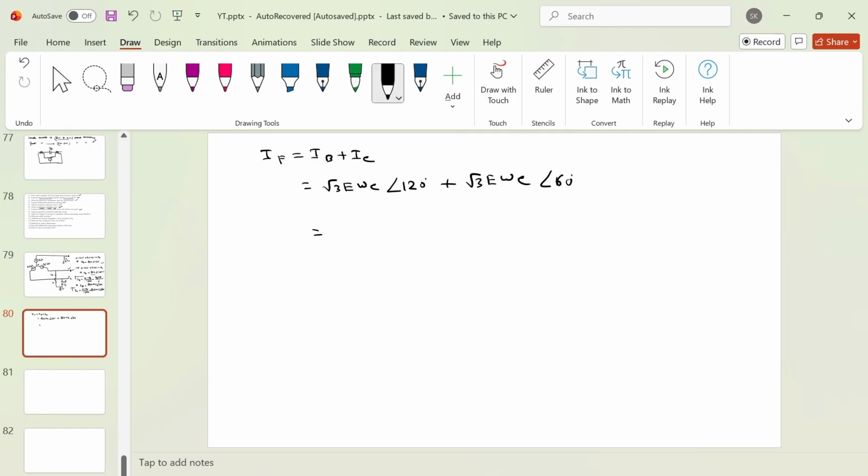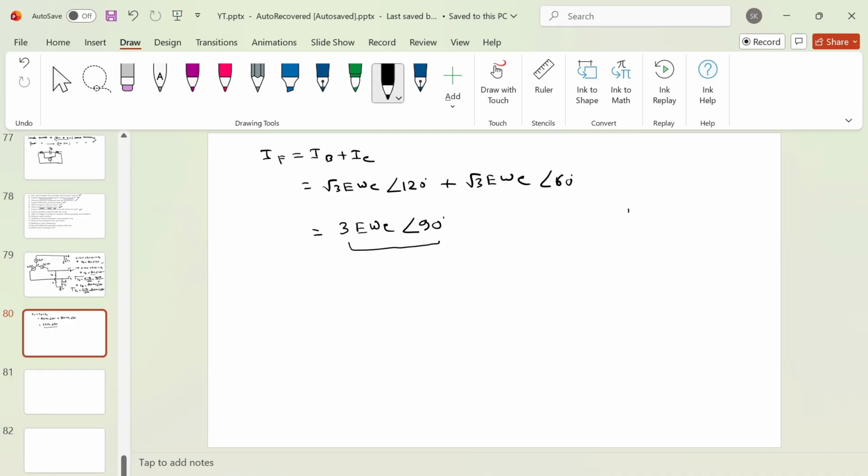If you calculate this equation, 1 at an angle of 120 plus 1 at an angle of 60 degrees, you will end up with 3 E omega C at an angle of 90 degrees. Now you are getting this particular fault current.